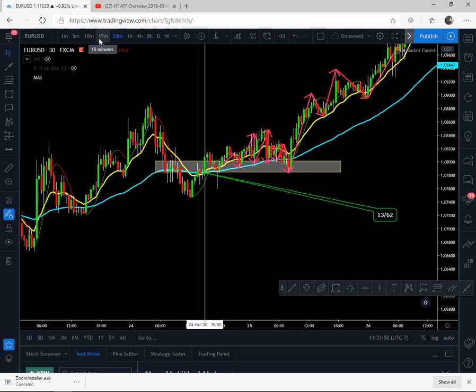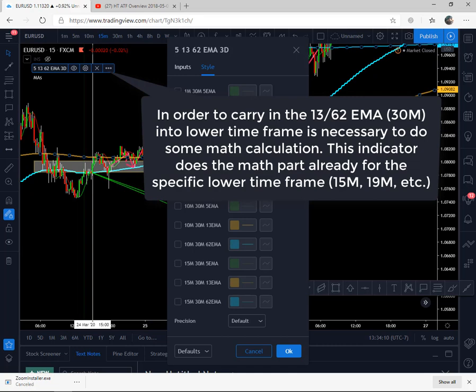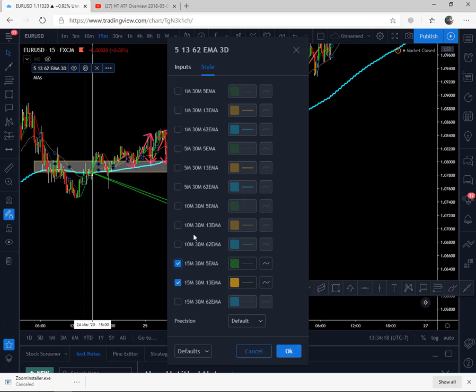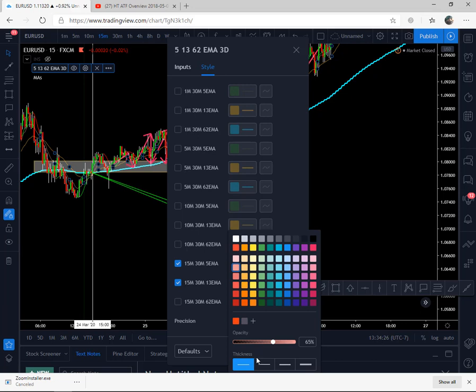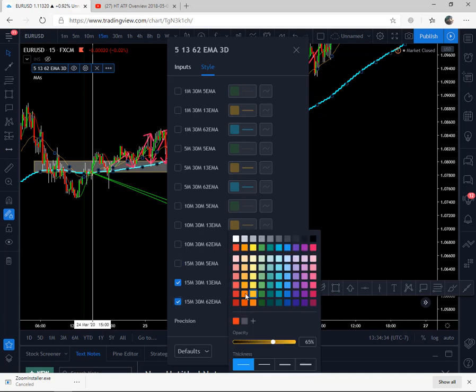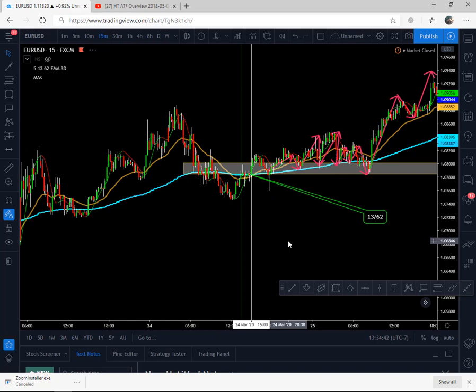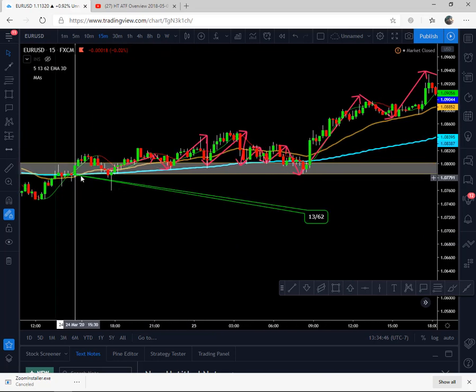And if we go to lower time frames, such as the 15 minute, using this indicator, we could see that our 1362 is still where it was on the 30 minute.